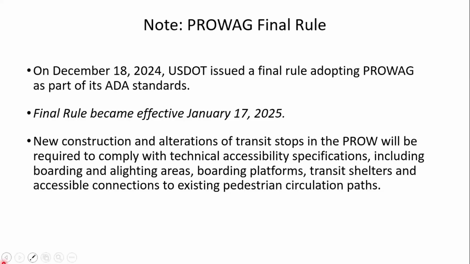And basically it says, as the last bullet indicates there, new construction and alterations of transit stops in the public right-of-way will be accessible, and there are accessible connections to existing pedestrian circulation paths.